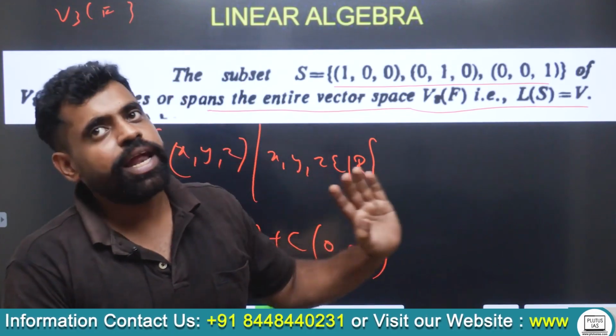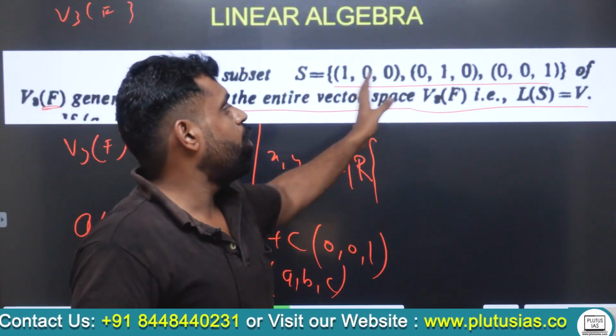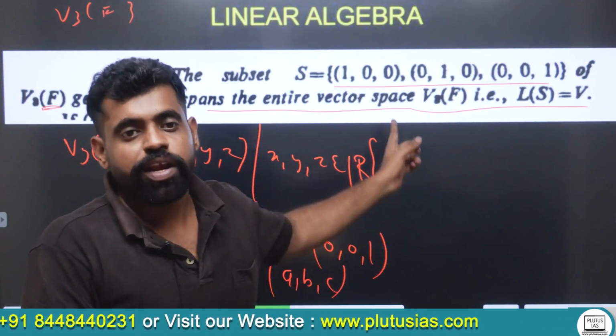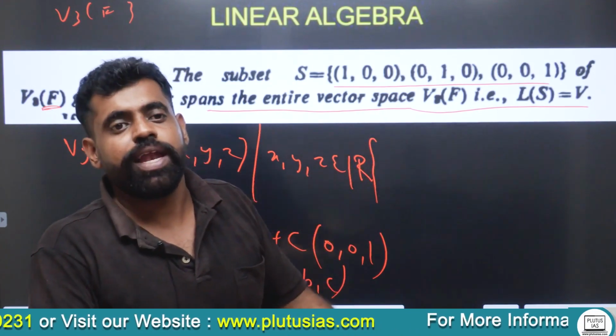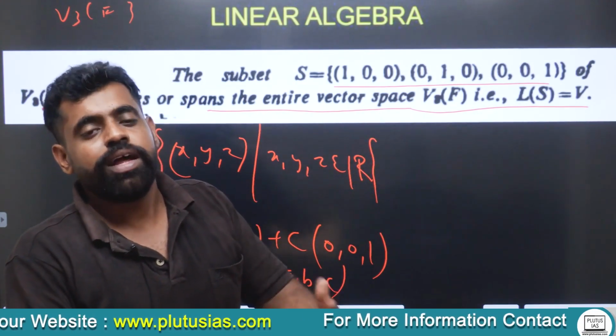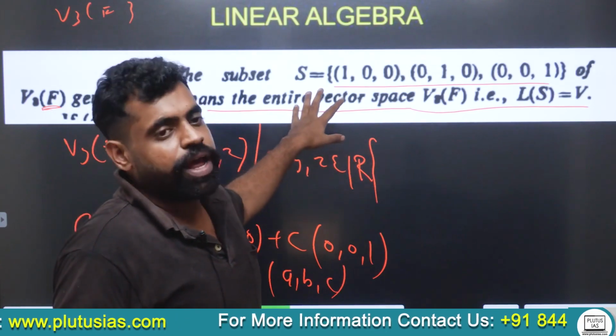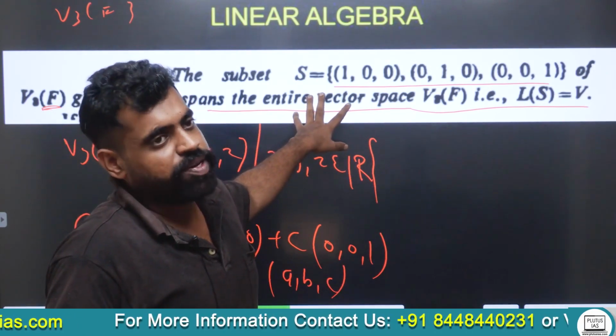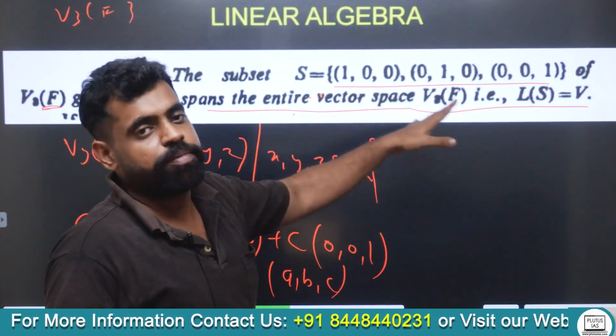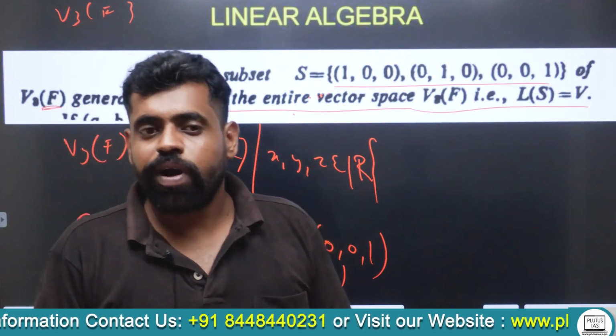We can write any element of V in the form of a linear combination of this set. What is LS? LS is the linear combination of the elements of S. And we see that LS will generate every element of this. This is for your understanding.